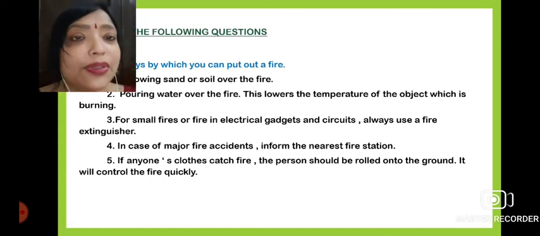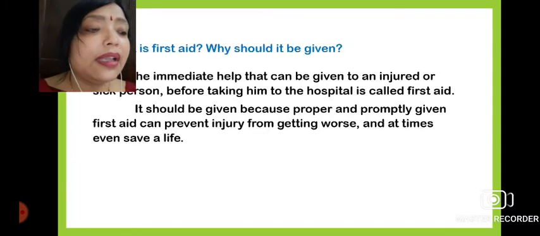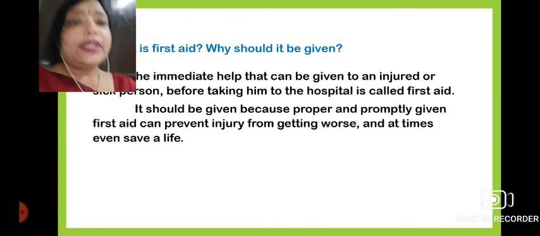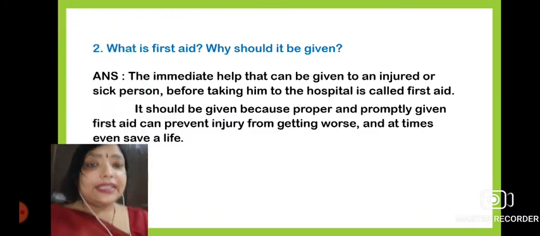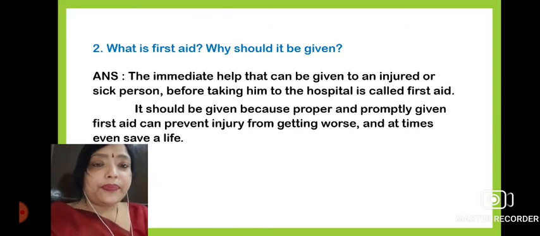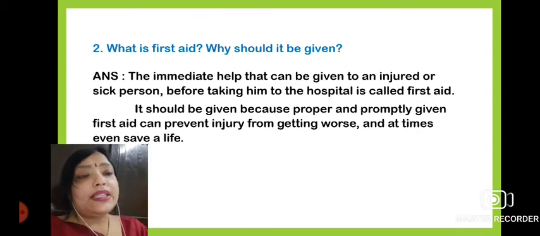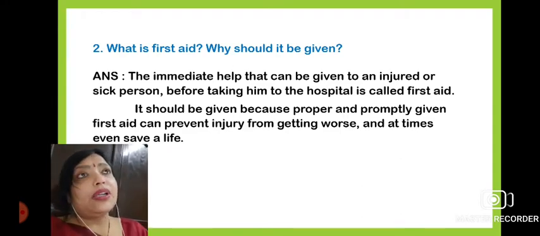Okay, so the next question is, what is first aid and why should it be given? So, what is first aid? All of you know what first aid is, for which we are reading this chapter. This is the immediate help that can be given to an injured or a sick person before taking him to the hospital.